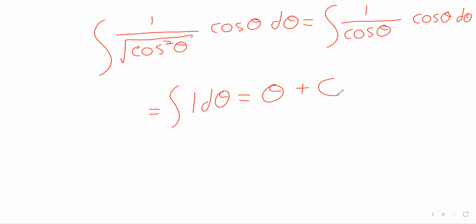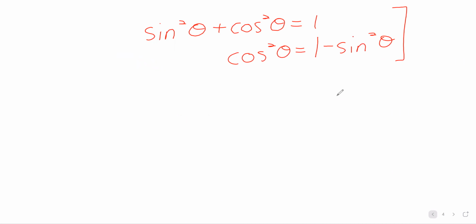But what the heck is theta? Well, similar to when we performed u substitution, we'd wind up with u's and then we'd have to convert back to x's. Here we have a theta.